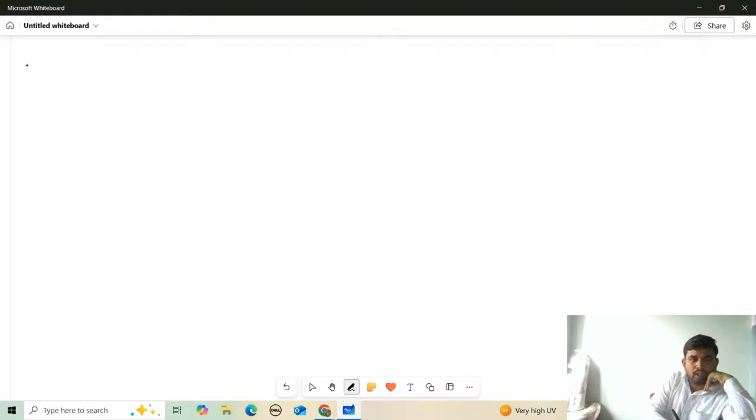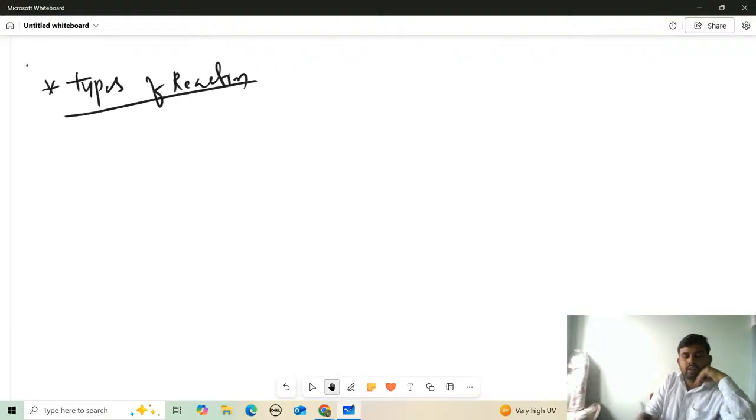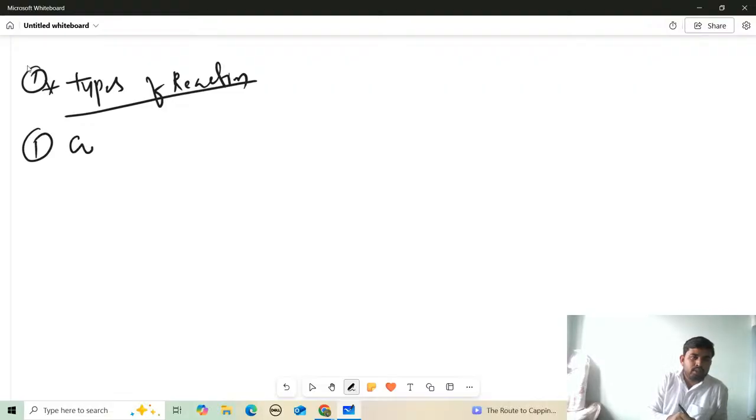So we can write types of reactions. The first one is combination reaction.